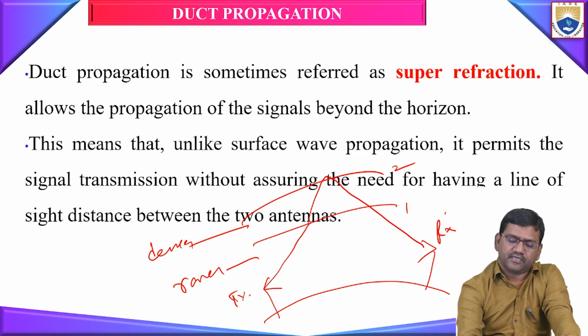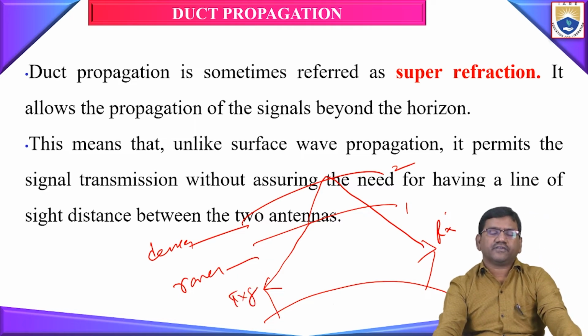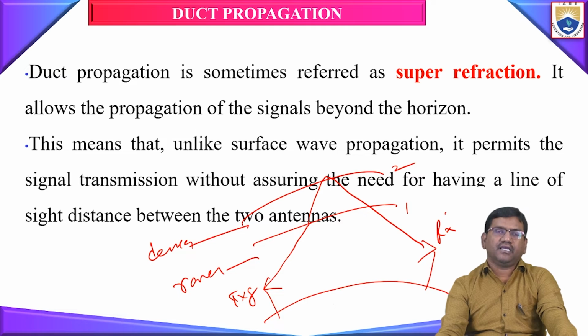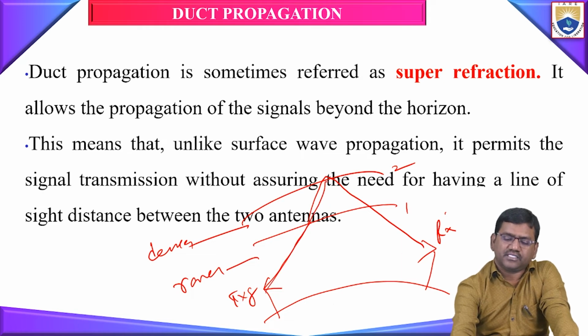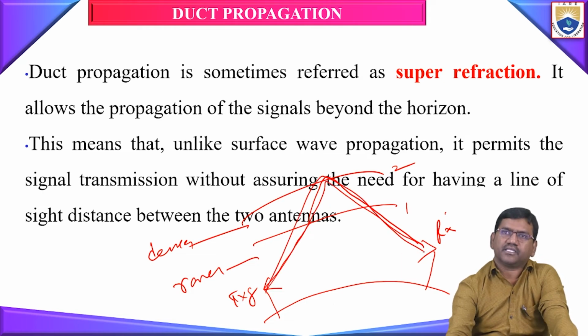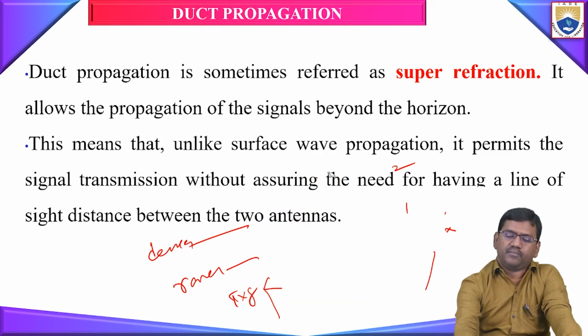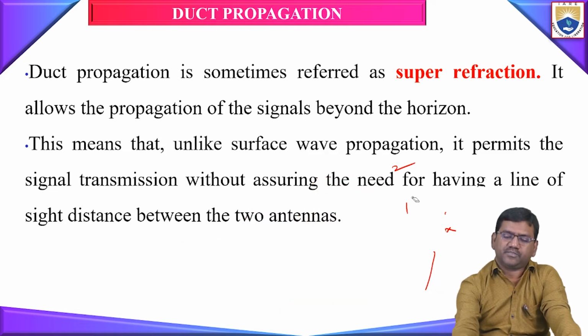You can see in the figure, a single refraction is going to take place between 1 and 2, and after refraction, the wave is going to reflect back to the receiving antenna with only one path. As there is only one path, we call it a single hop propagation. So single hop propagation is possible in the duct propagation.